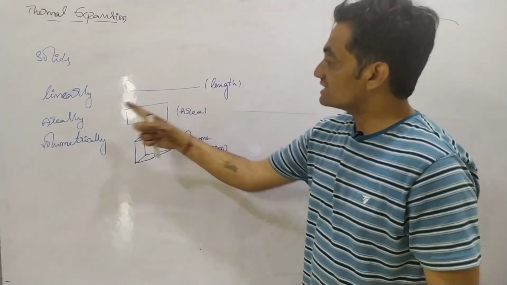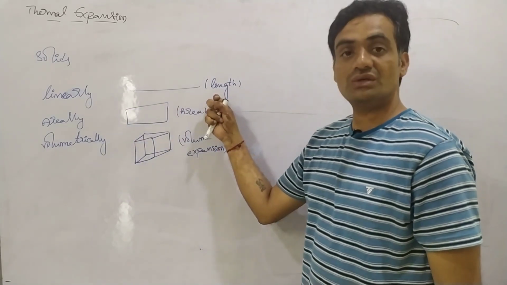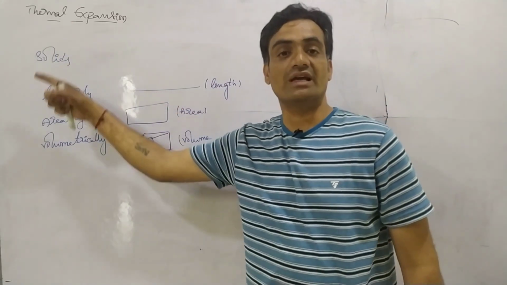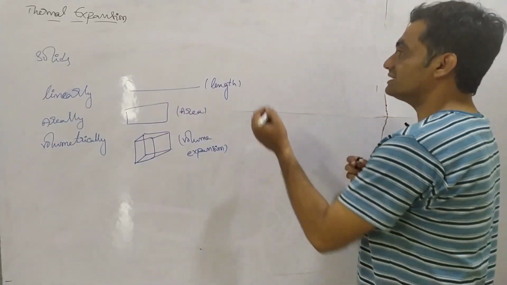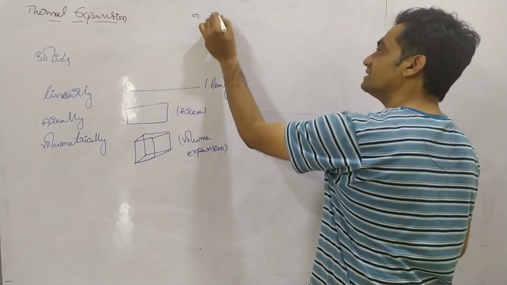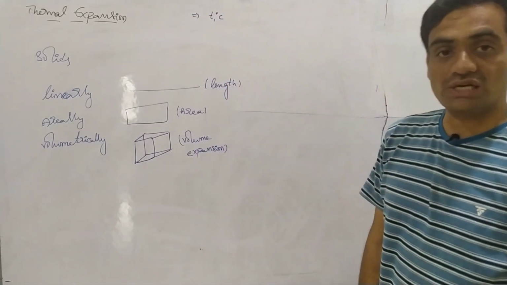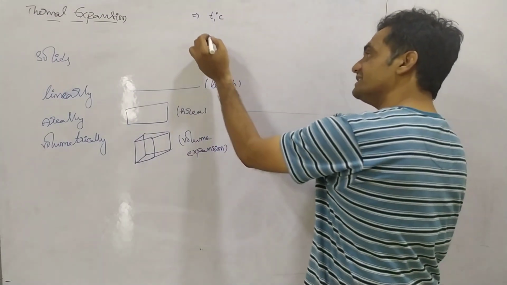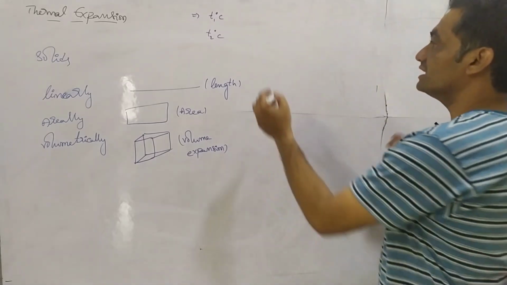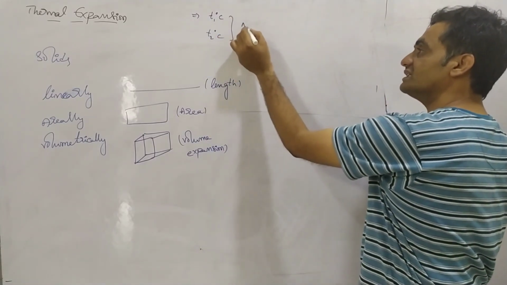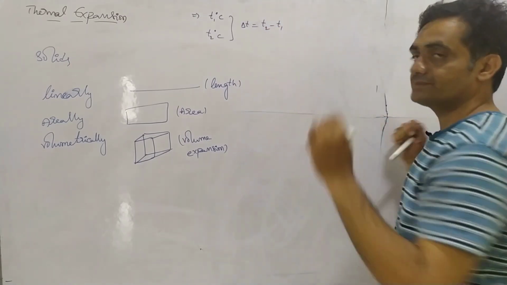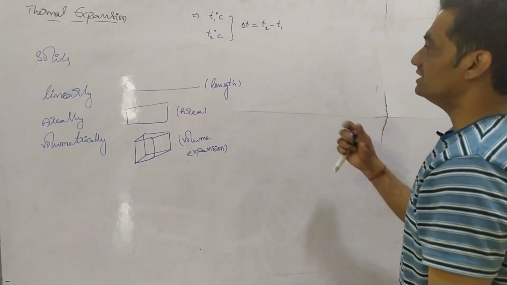Observe that in the case of linear expansion, the body is going to expand lengthwise due to the supply of heat. Let us consider the temperature of the body is T1 degree Celsius, its initial temperature. Now we increase the temperature to T2 degrees Celsius. Then the change in temperature delta T is equal to T2 minus T1.